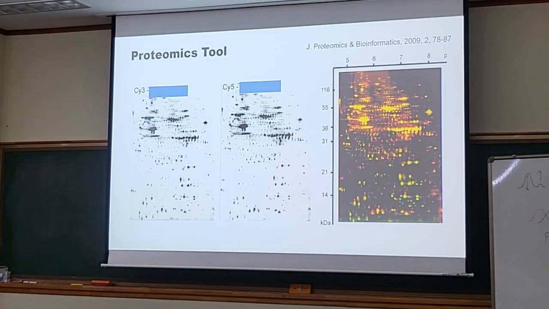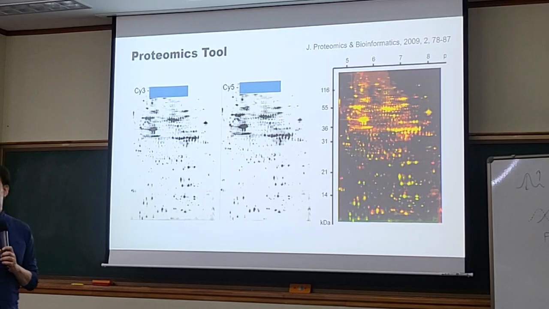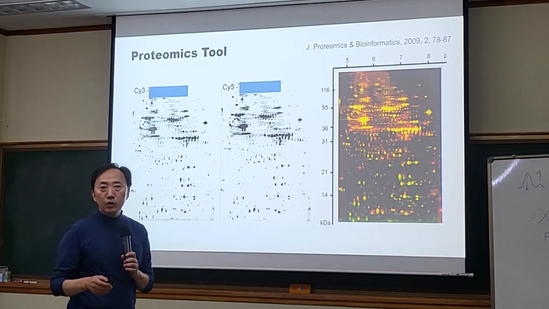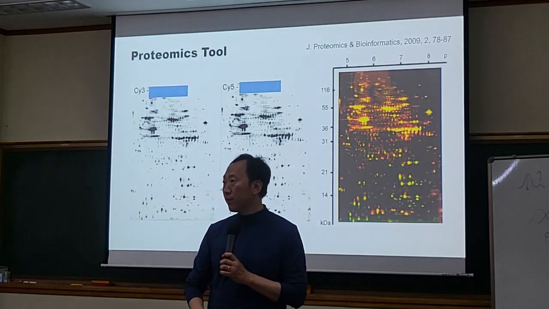This is green color, this is red color. If they are perfectly overlapping, then you may see yellow color. But if you see red color, it means these proteins are only expressed here, not here. If you see any green color, maybe this one may be stronger here than this. So using this kind of trick, you can figure out which protein is a little more overexpressed in one type of cell.